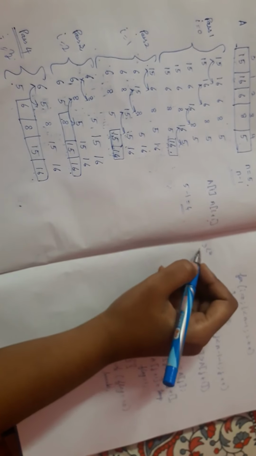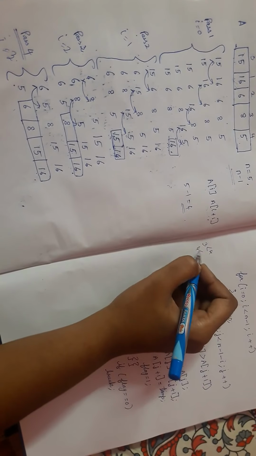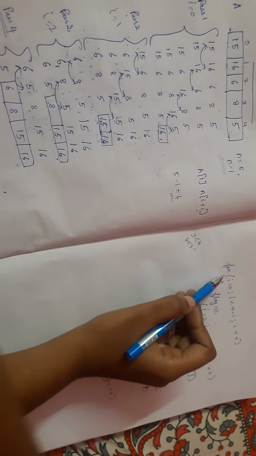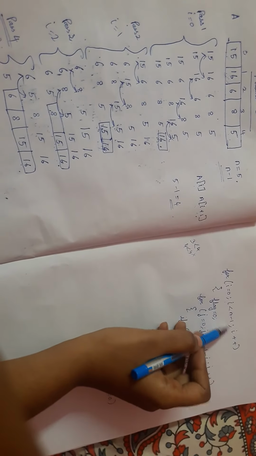After that, if I take i is equal to 4, what will happen? 4 less than 4. This condition will fail and we need to go out of the loop. So we write the for loop as i is equal to 0, i less than n minus 1, i plus plus. So we are going to increment it.